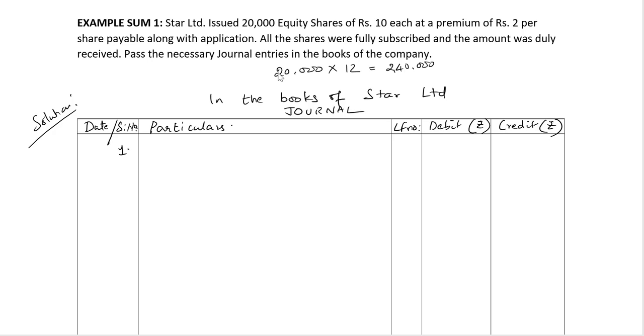The first journal entry is for receipt of application and allotment money, including the premium.